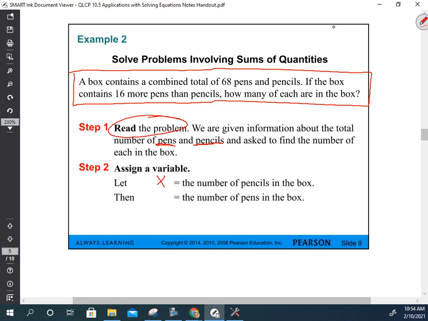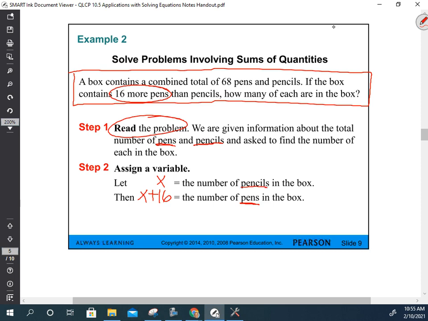What did they tell us in this problem about the number of pens? 16 more. So if you have X pencils, that means you have X plus 16 pens.